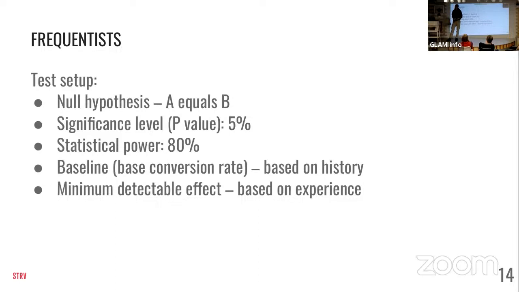Then you need something which is called a baseline. Usually you have some version of the system, and you are able to compute the metrics from historical data. For example, for click-through rate, we know that on this element it is usually 5%.